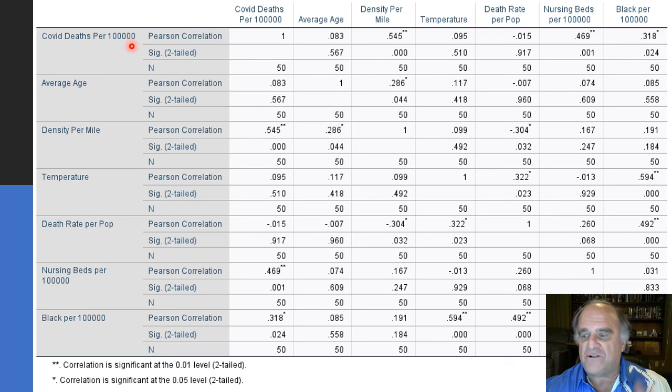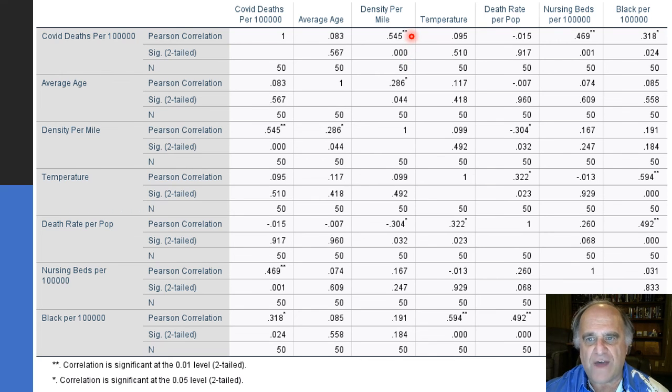The thing I'm most interested in is COVID deaths per 100,000. You can see average age is not significant, at least at the state level. So the average age within the state is not a significant predictor of COVID deaths. The density is. Density is pretty highly correlated, 0.45. The probability level associated with it is 0.000, so it's obviously lower than that.